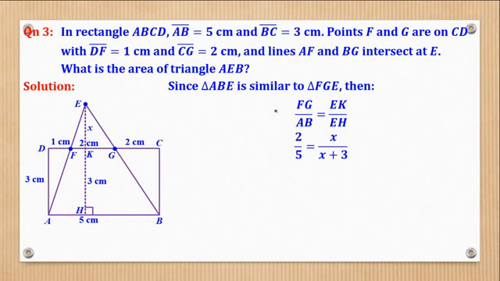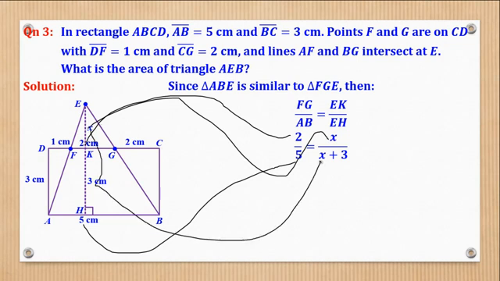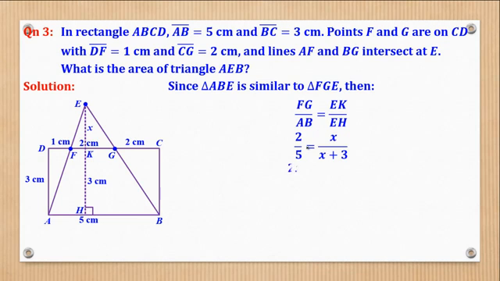And we know that FG is 2, then AB is 5, EK is X, and EH is X plus 3. Now we'll cross multiply and then collect like terms and get the value of X.